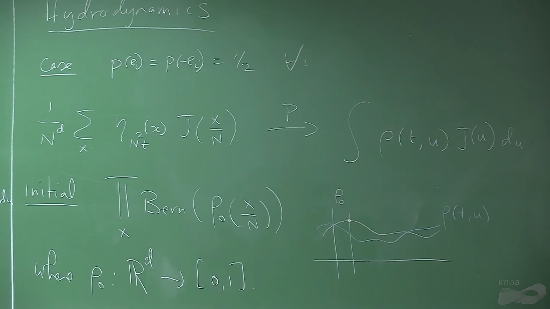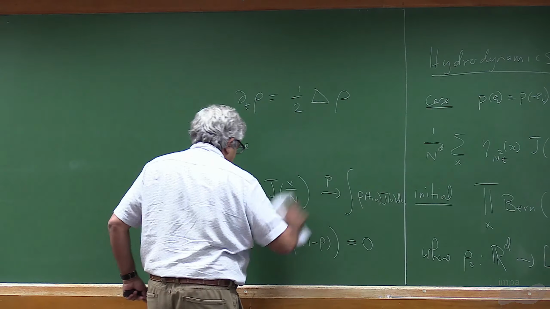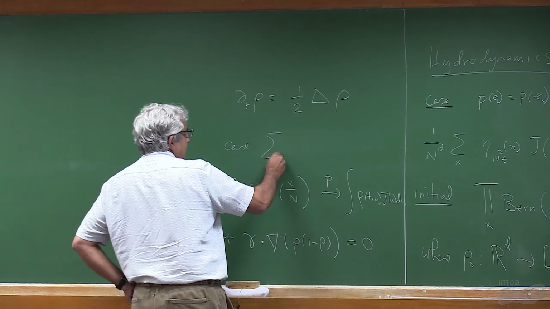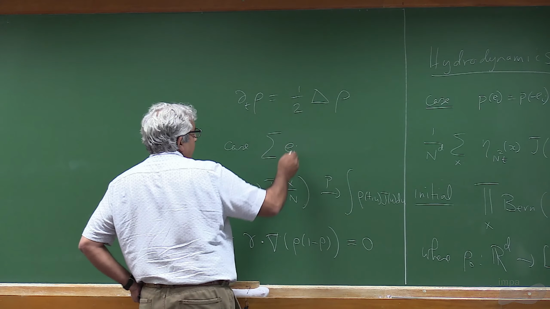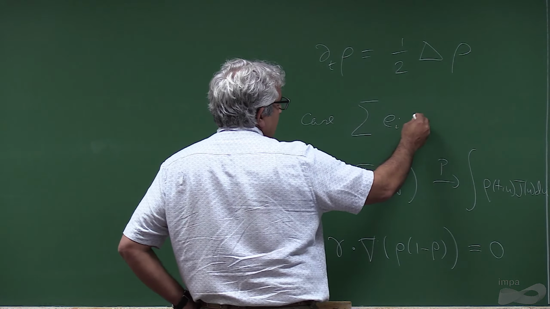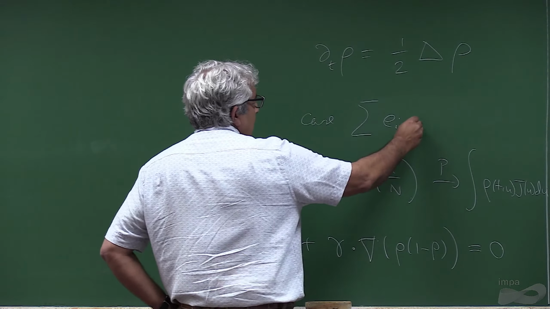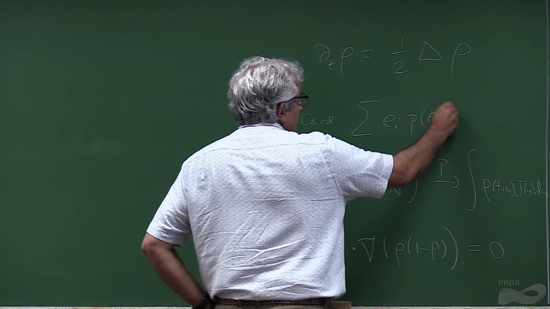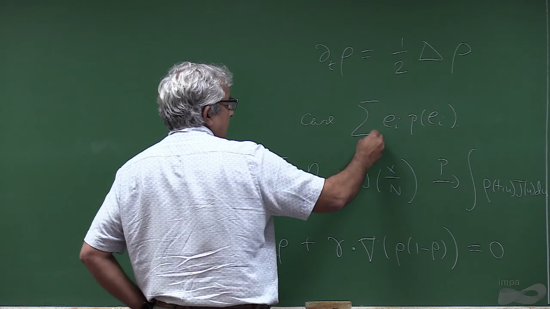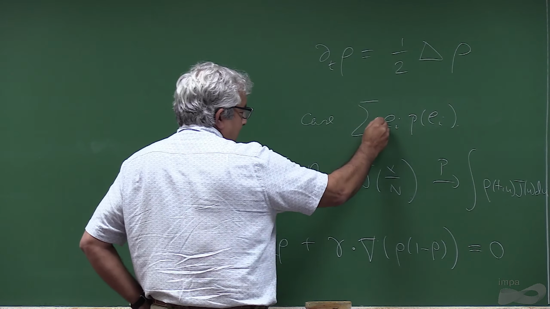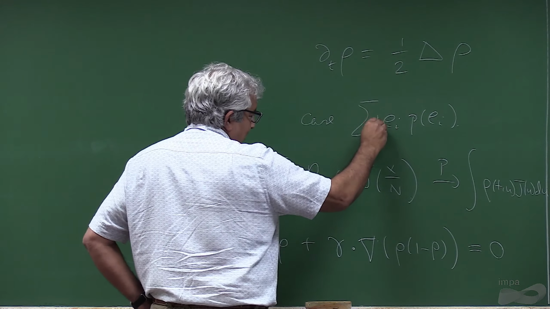In this case we could just take the velocity, if you want to make it d-dimensional, you could just do something like this. So you have to add over plus and minus.